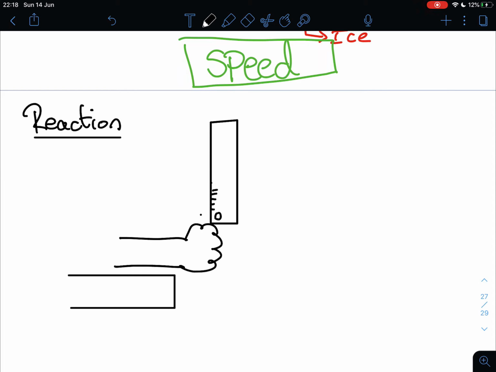And then they drop the ruler. So they drop the ruler at a random time. It's got to be random. If you kind of look at your mate and give them the eyebrows, they know you're going to drop it. So you have to totally drop it randomly.